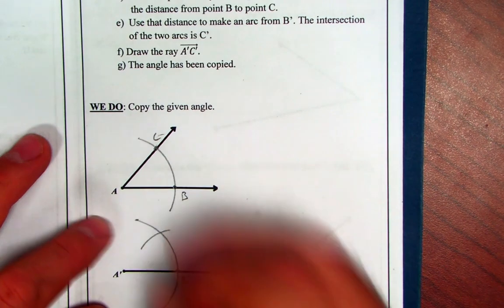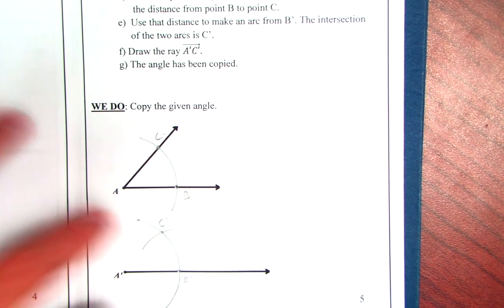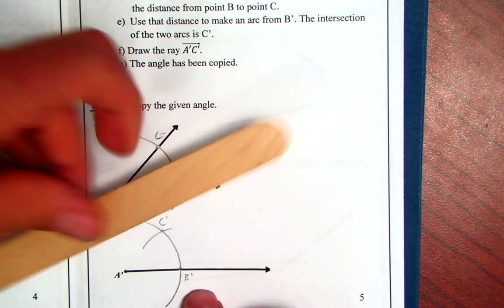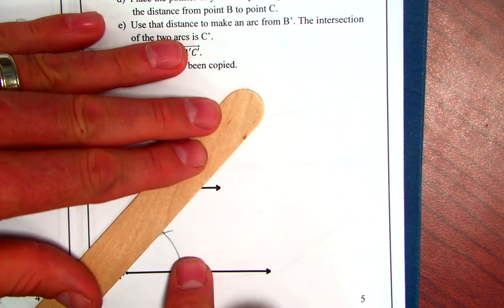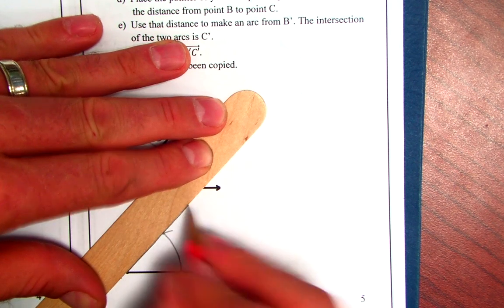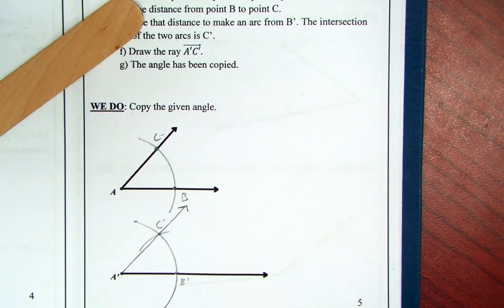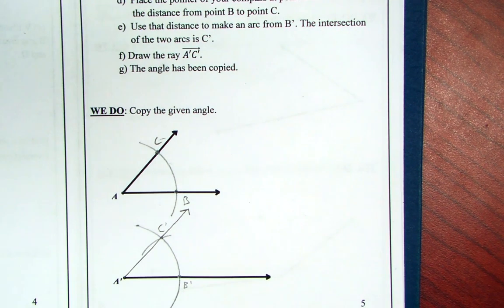And we know that this point of intersection will give us an angle that has the same measure as our previous angle. So we mark that C prime, use our straight edge, and then we've precisely copied the angle without any kind of measuring, like with a ruler or protractor.